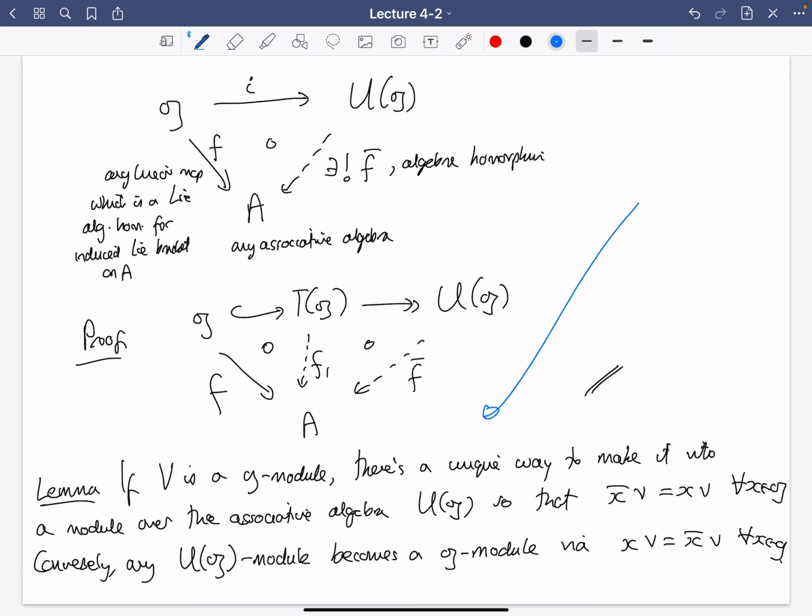So in fact, this is an isomorphism of categories.